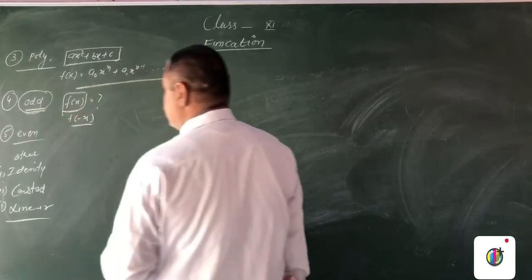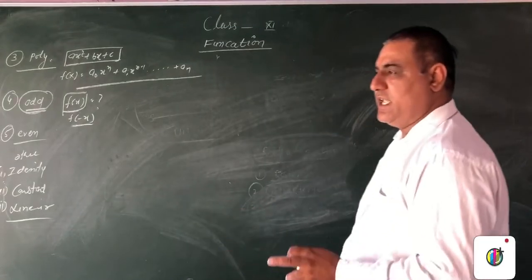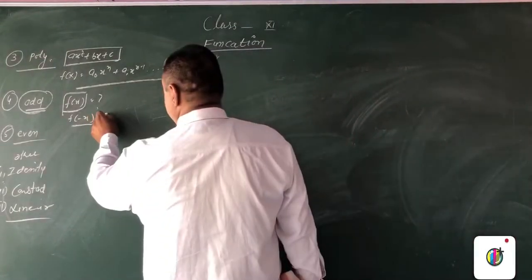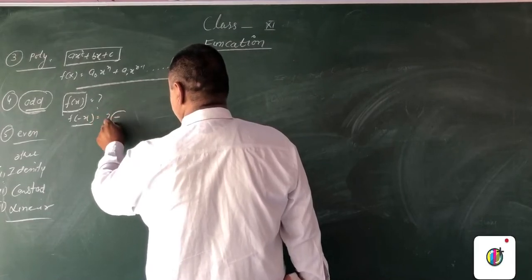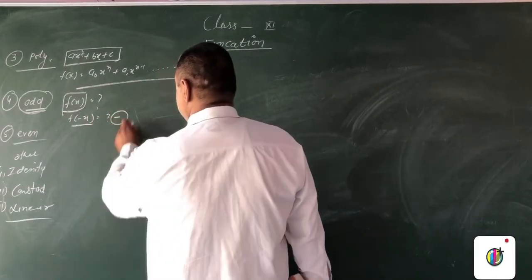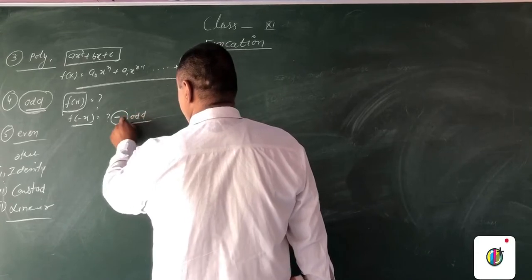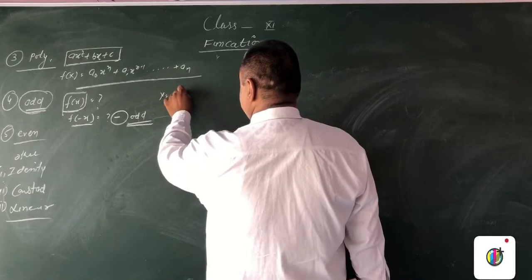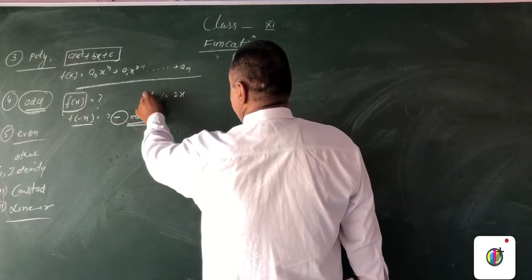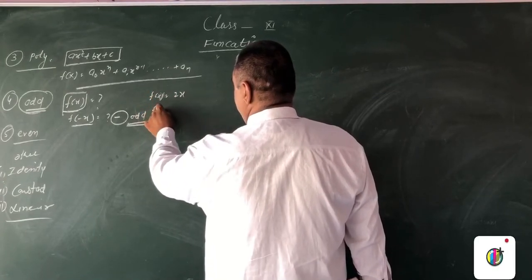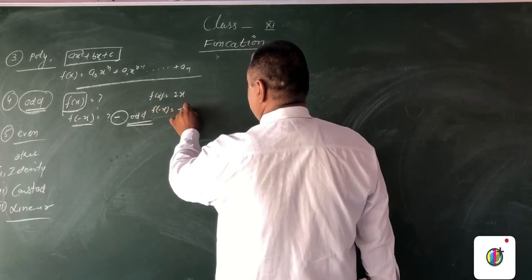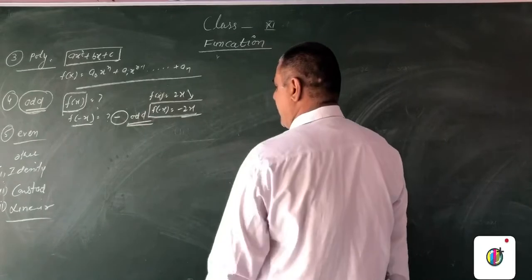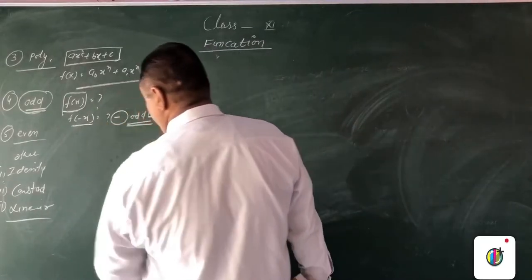If the value of the function comes out changed to negative, this is called the odd function. For example, y is equal to 2x; if we put minus x in f(x), we get the value minus 2x. Then the sign of this function changes. A function whose sign changes is called an odd function.